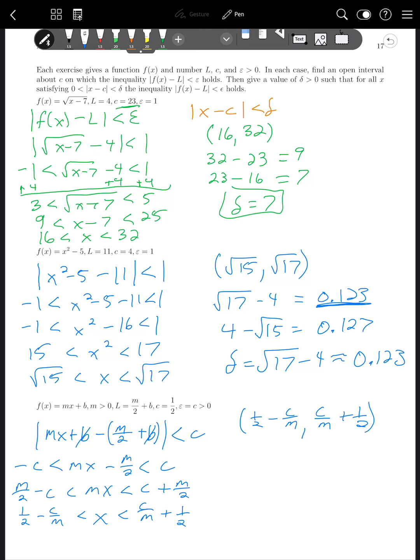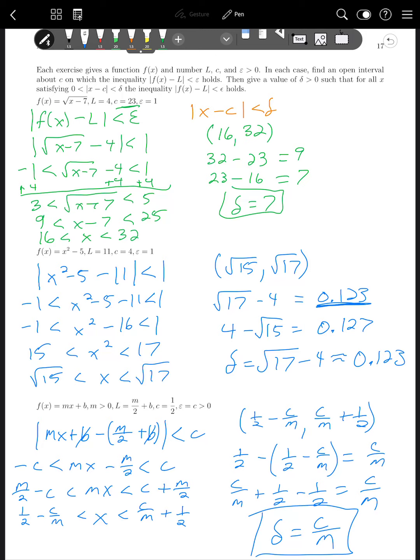And if you take those minus our c, so 1/2 minus 1/2 minus c over m, so the 1/2 minus the smaller one, and then the bigger one minus 1/2. In both cases, you get c over m. So my delta is c divided by m.